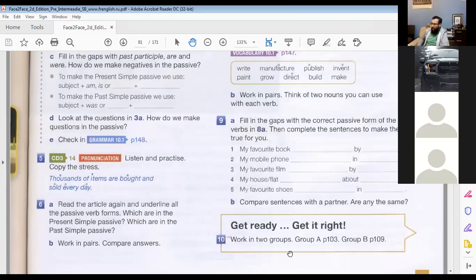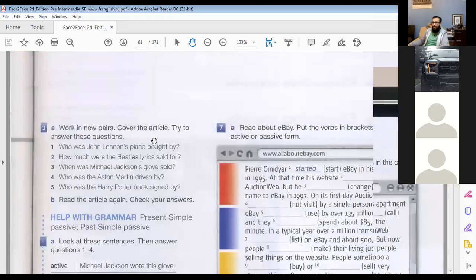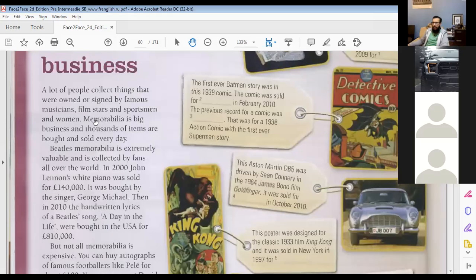Okay, so these are a few examples using the passive. Now we're going to go back to the article again, but this time we want to underline all the passive verb forms. So if you find a passive verb form, just tell me about it so we can underline it. Let's start from the beginning.